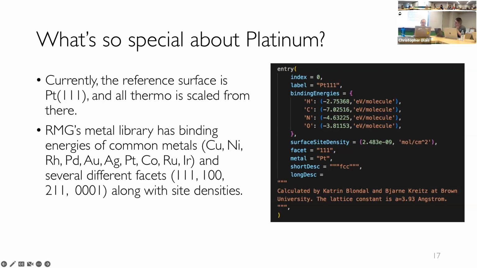We have all of these metals, but we might not have nickel 211, for example. Essentially, we're beefing up this database so that we can do linear scaling for different metal surfaces and different metal facets.